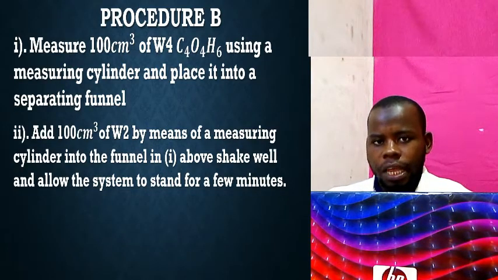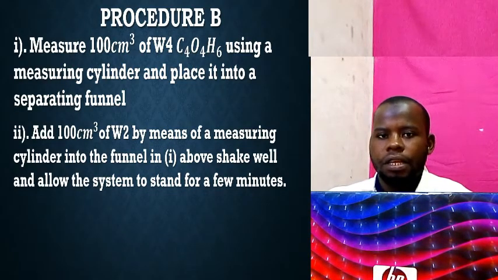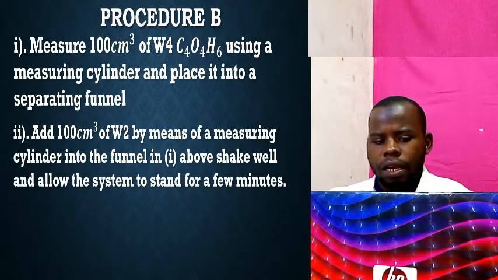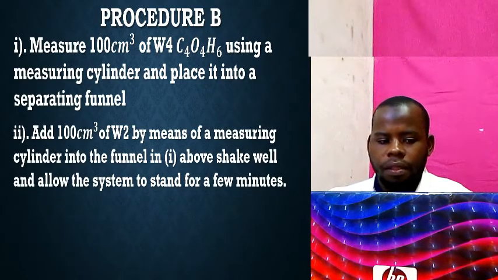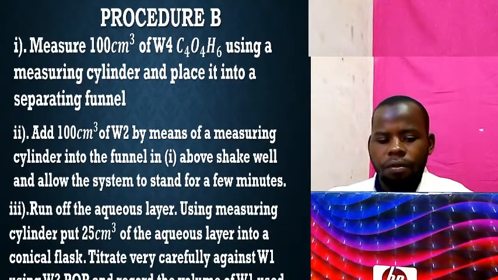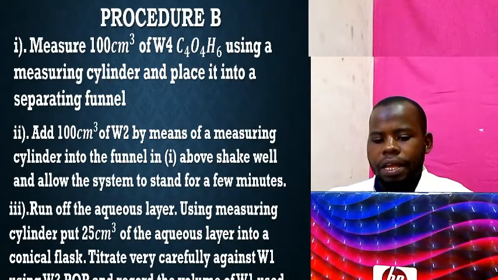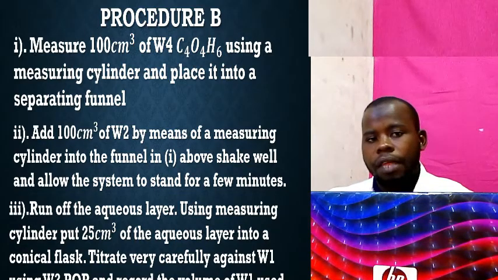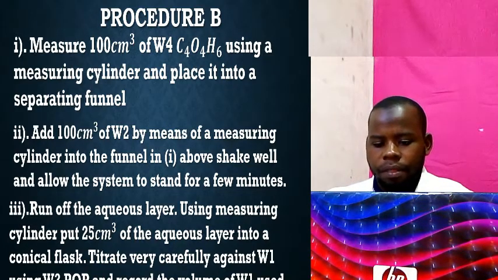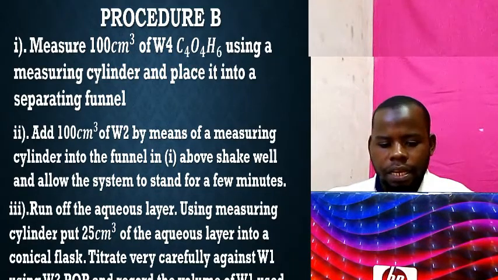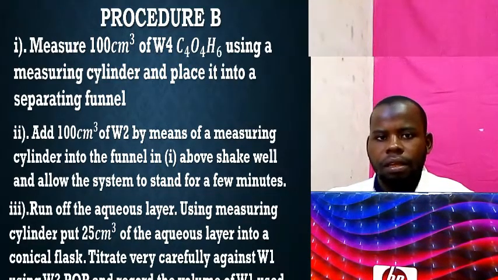You put it in the same separating funnel to mix with the diethyl ether, and you shake well for a few minutes and allow it to stand. Then you run off the layer using a measuring cylinder. You measure 25 of the aqueous layer, and we are going to titrate with W1 using indicator.